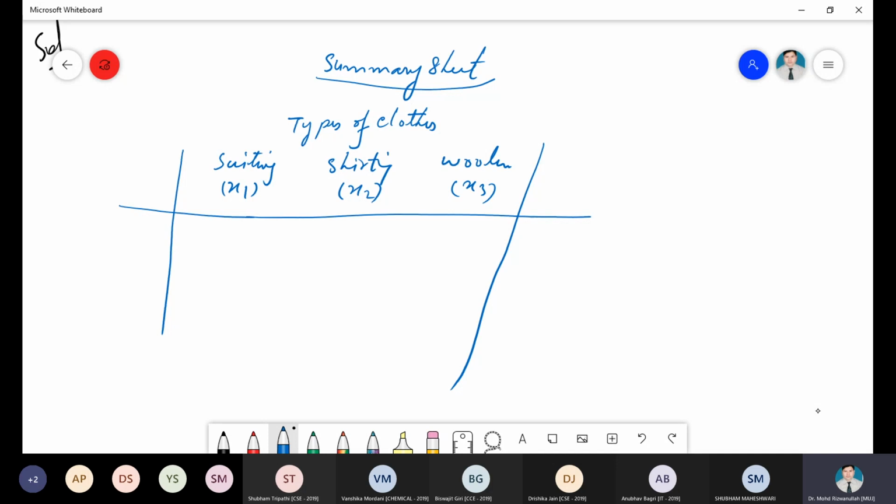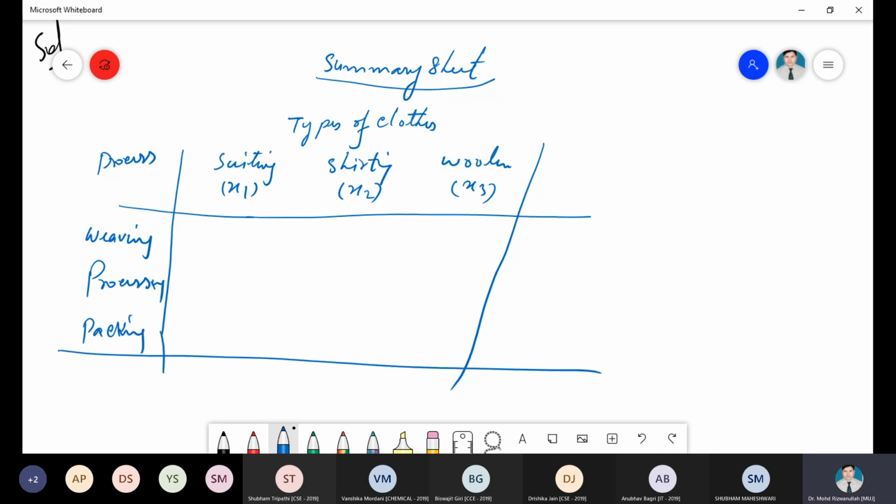Then come to the process. The process is weaving, processing, and then come to the packing. Fine.